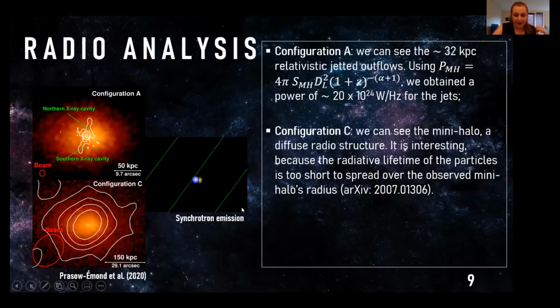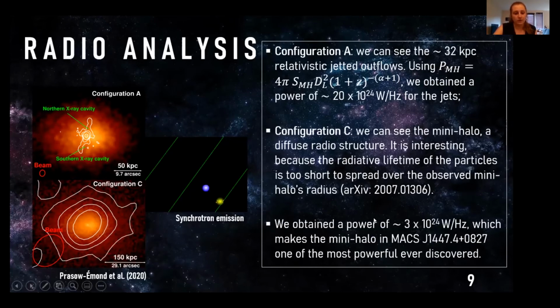It is not my expertise, so I encourage you to see this paper from Annabelle Charles-Laferrière, who conducted a really detailed analysis of the mini halo in MACS J1447, but she also did a literature review about the link between the AGN feedback and the mini halo. Here's the arXiv link.